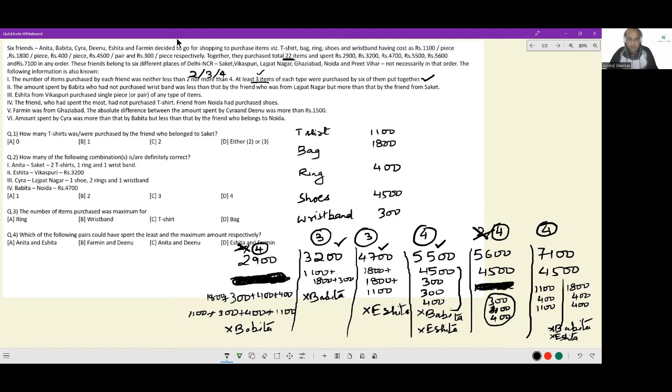So Ishita can't be here either, which means we can be certain Ishita from Vikaspuri is definitely spending 3200. Everything about Ishita is definitely known. Okay.